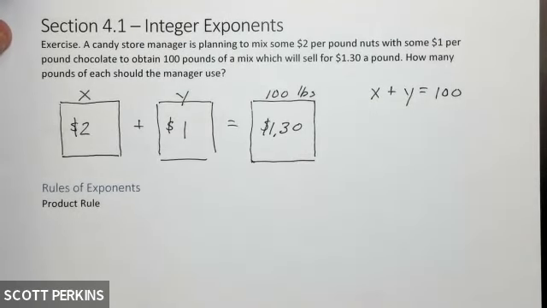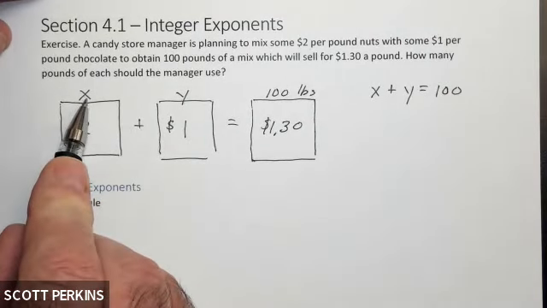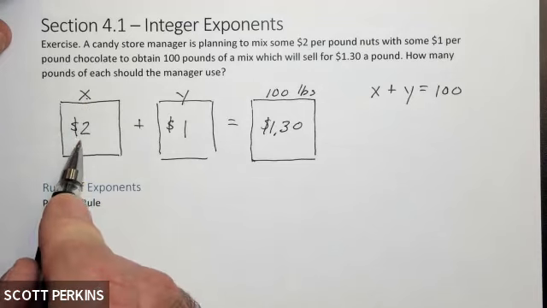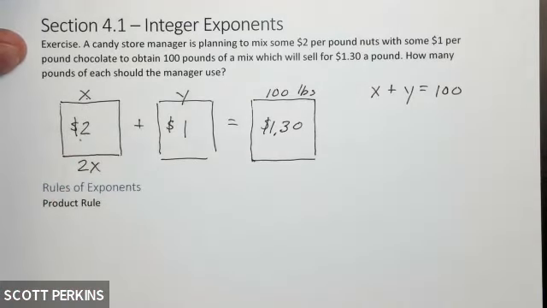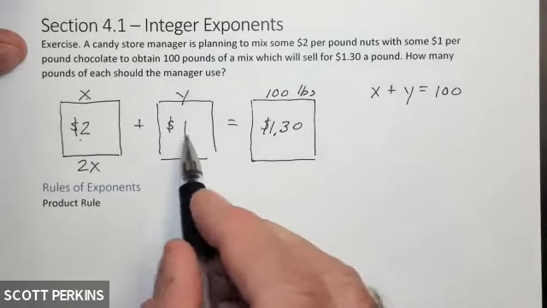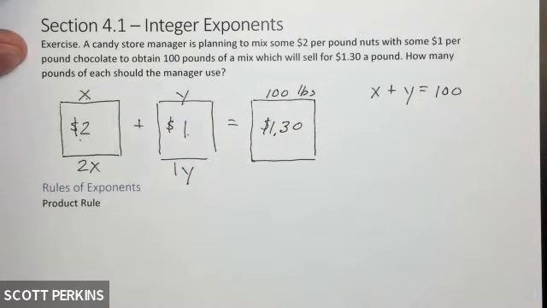And then the second equation is going to be the cost that I have. So if I have x pounds of these nuts right here, then that $2 for each pound, that's going to be 2x is the total cost of that. If the chocolate's $1 per pound, for each pound, that's going to be 1y, or just plain old y.